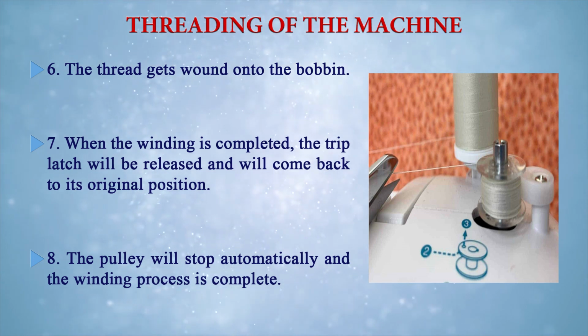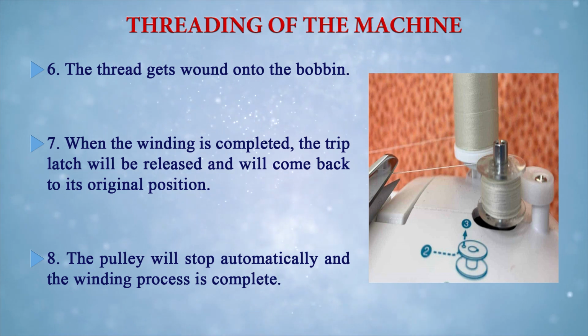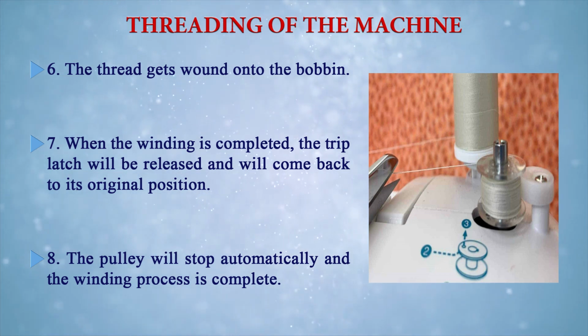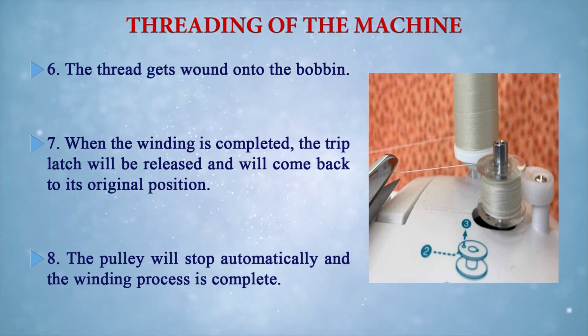We wrap one round of the thread on that bobbin and put it on the bobbin pin. Then we start the machine with the paddle, and the thread revolves around that bobbin, and we get the bobbin filled with thread, ready for going into the bobbin case.